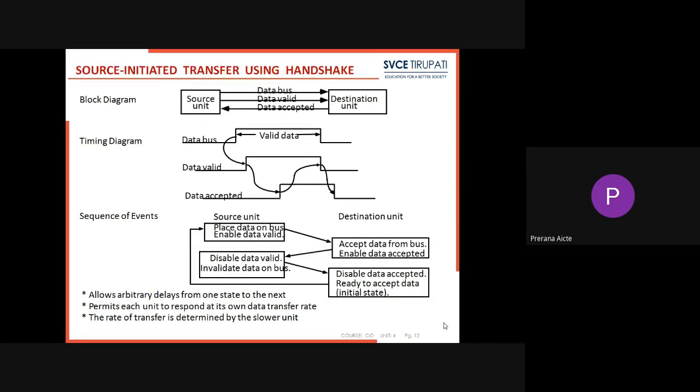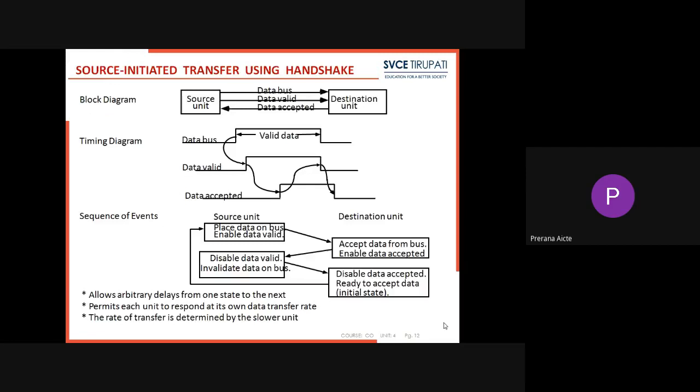The handshake method solves the problem by introducing a second control signal that provides a reply to the unit that initiates the transfer. So this is the diagram for handshaking, source initiated and destination initiated.